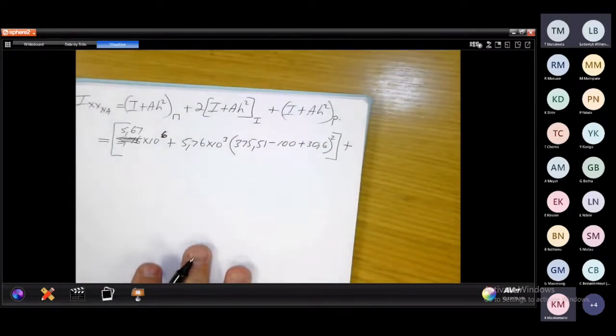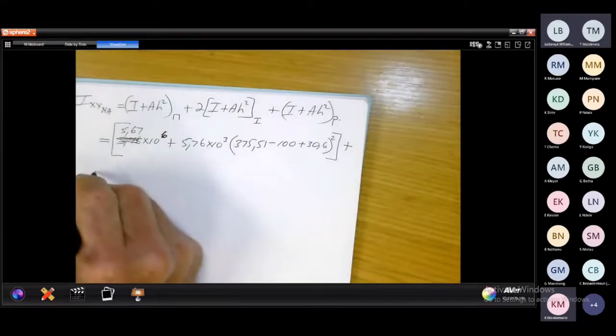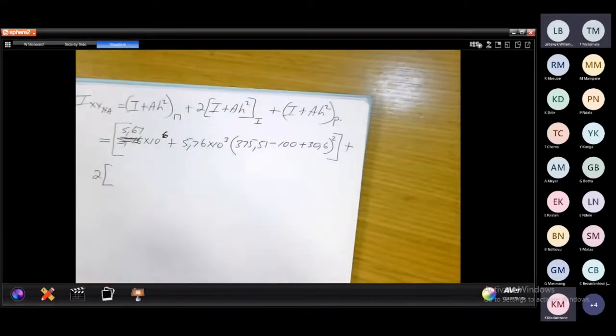Now when you have 2 times, you can tell me what is I for my I sections, 457 by 191, 74. What is my I?